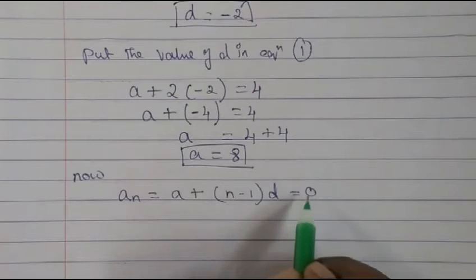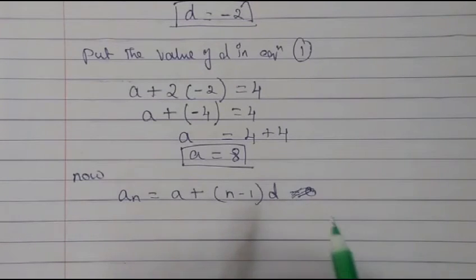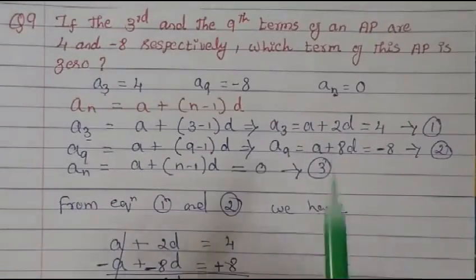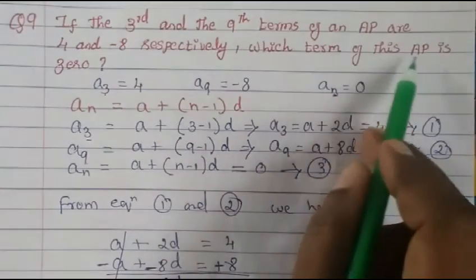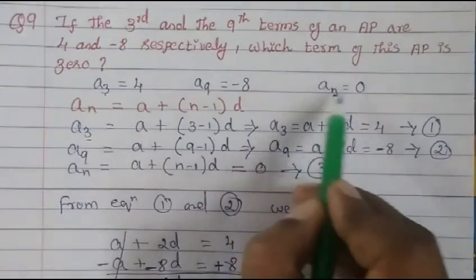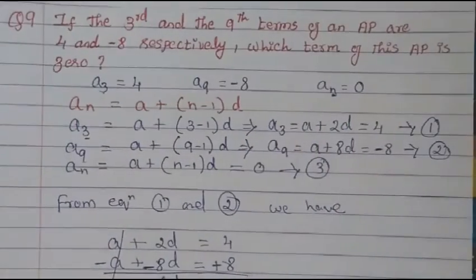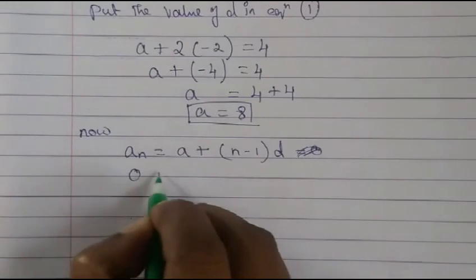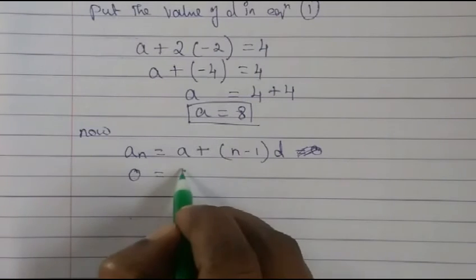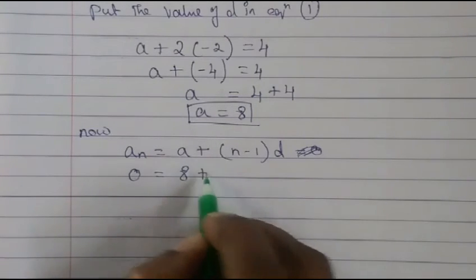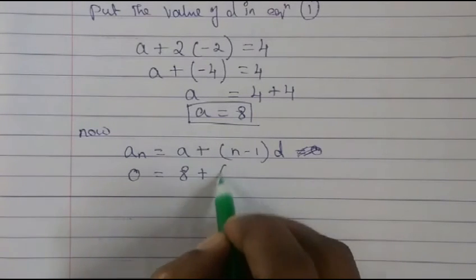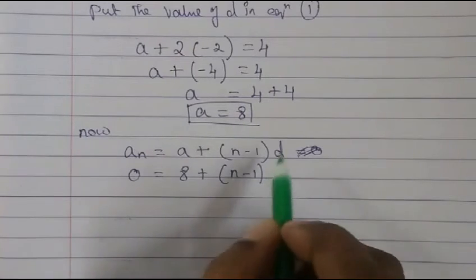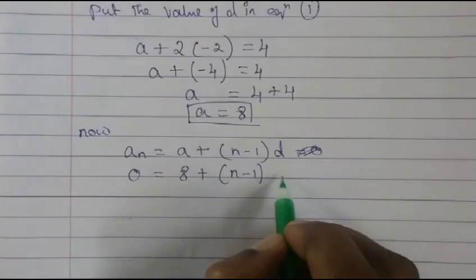That means the AN value is 0, so no need to write here. See here, AN is 0. Which term of this AP is 0? AN is 0, we have to find out the N value. The AN value is given to us as 0. A we know, just now we found out 8. N minus 1, we don't know the N value. And D we found out is minus 2.